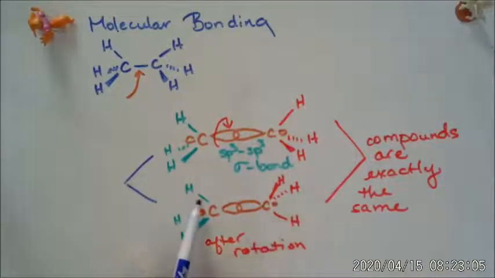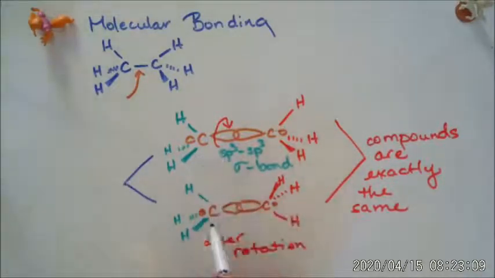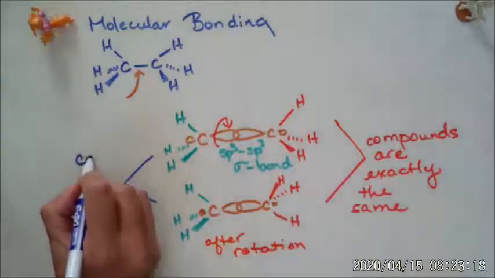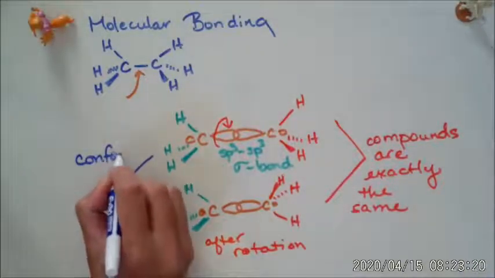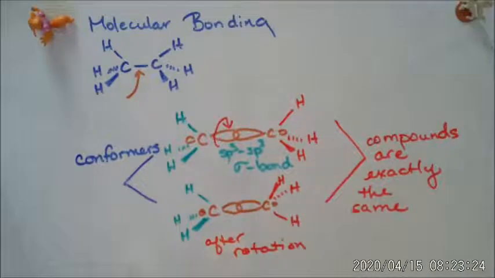This one, the same plane is this way. When I have all these different structures, based on free rotation around a sigma bond, these are called conformers. You can guess you have an infinite number of conformers as you're spinning around the single bond. Okay, so these are your sigma bonds.